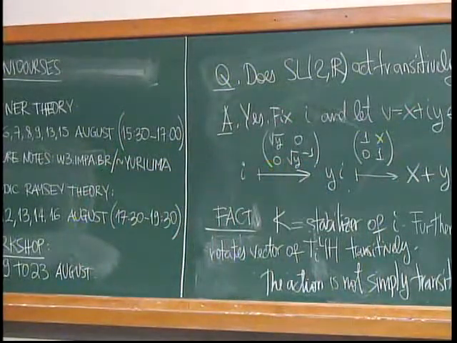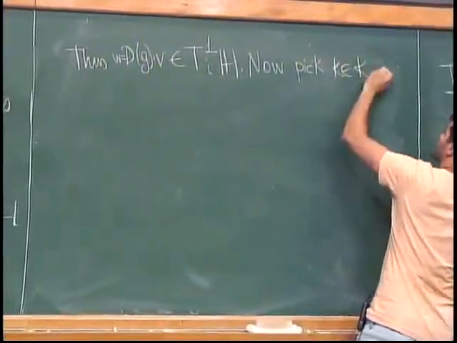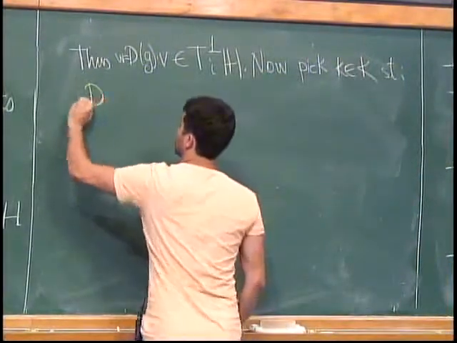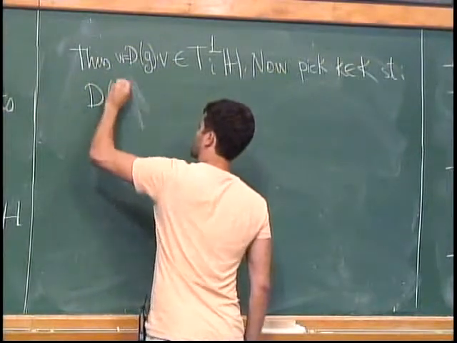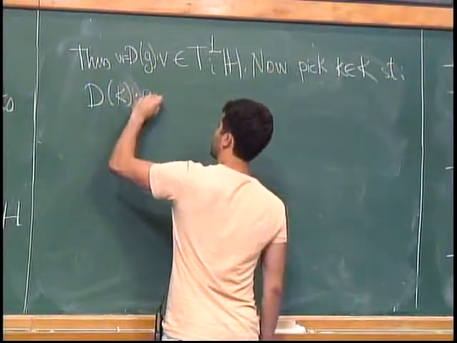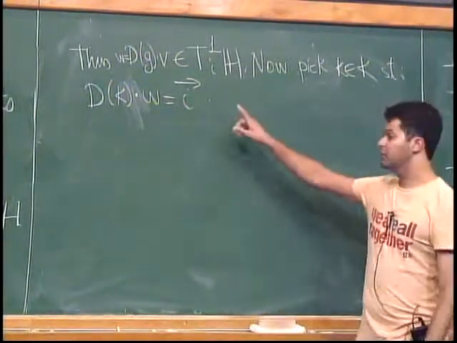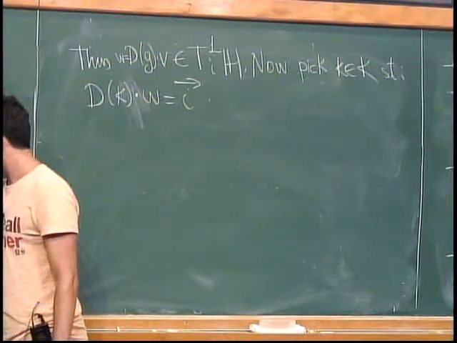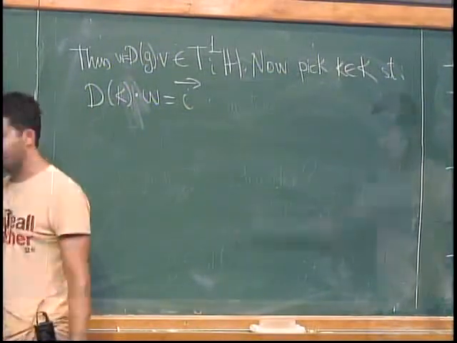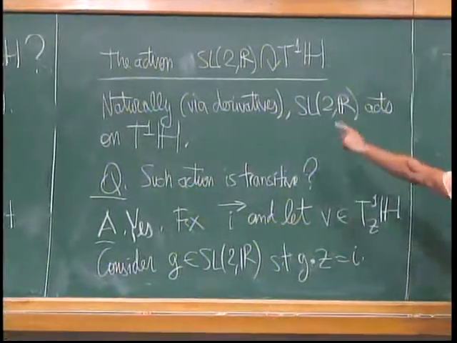So when you have this fact, you can just pick such k such that when you consider the derivative action of k on this guy w, you get the vector I. So this gives you that, given any vector, I can construct a transformation that sends this vector to I. So the answer is yes to our question.